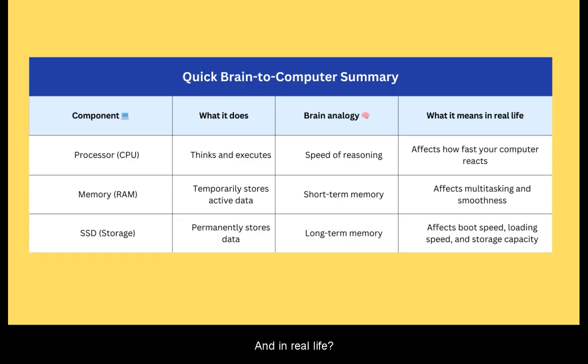And in real life, RAM affects multitasking and smoothness. If you have multiple tabs open, Zoom running, music playing, and you're working in Excel, that's RAM hard at work. So more RAM equals smoother performance and more ability to multitask without your computer slowing down.